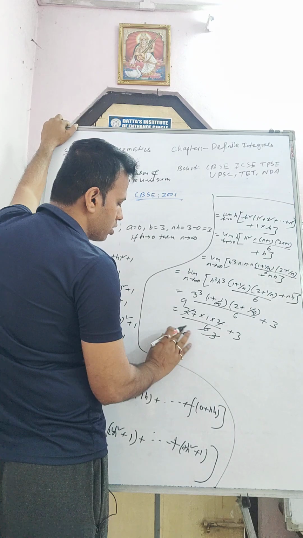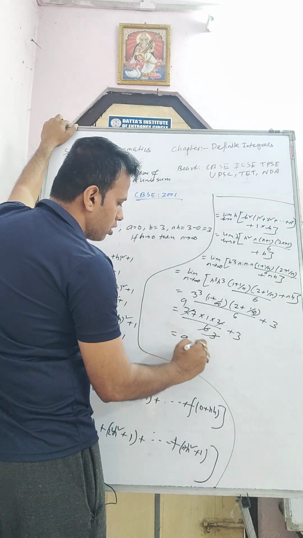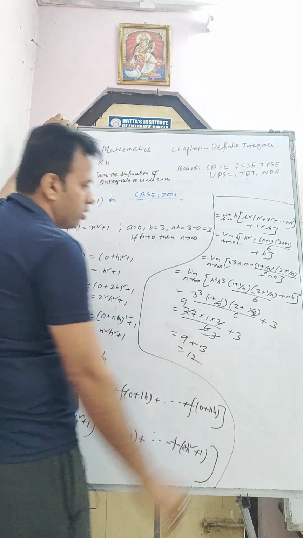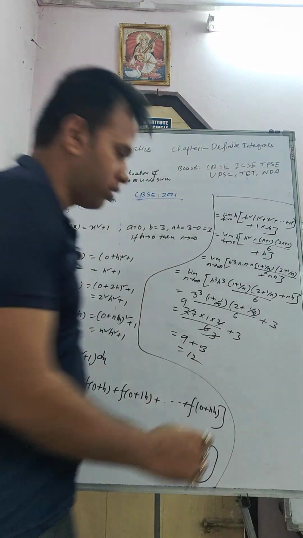So 9 plus 3, its answer will be 12. So 12 is the correct answer.